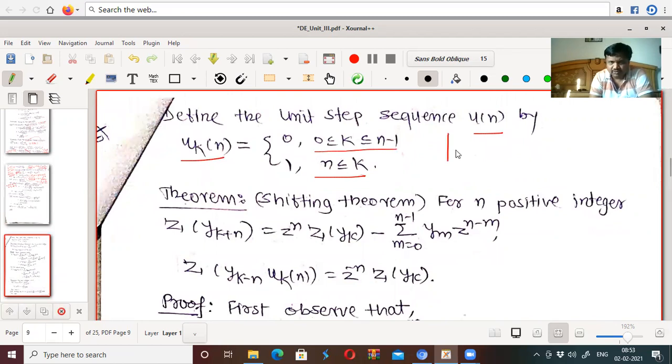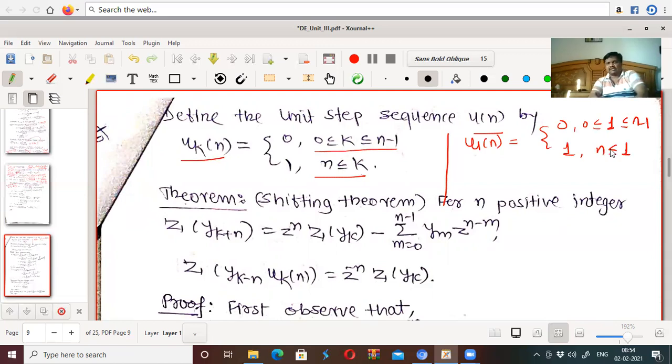Suppose I want to find u1 of n. What will happen? By putting k equal to 1, u1 of n equals 0 for 0 less than or equal to 1 less than or equal to n minus 1, and it is 1 for n less than or equal to 1.